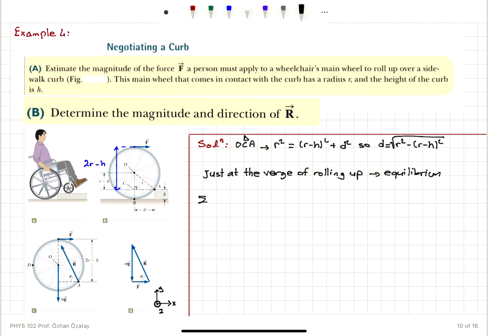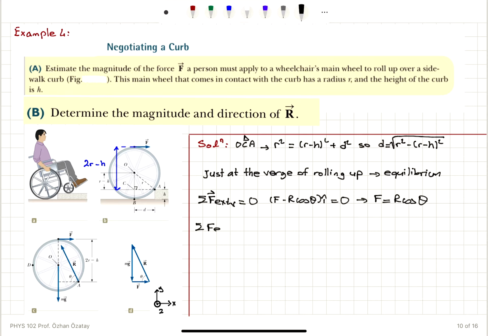So for static equilibrium, we have x components should add up to 0. So if I look at the x components of these forces, there is F, and R cosine theta is in the opposite direction. So it's F minus R cosine theta times i hat should be 0. That means the force F is equal to R cosine theta.